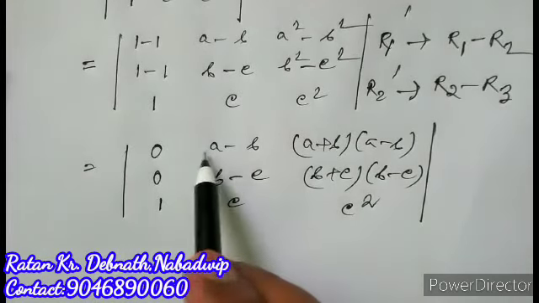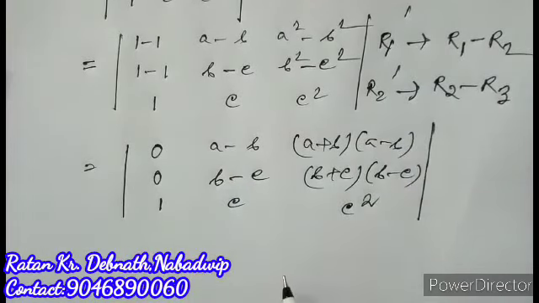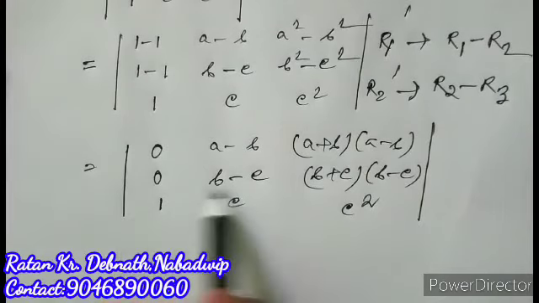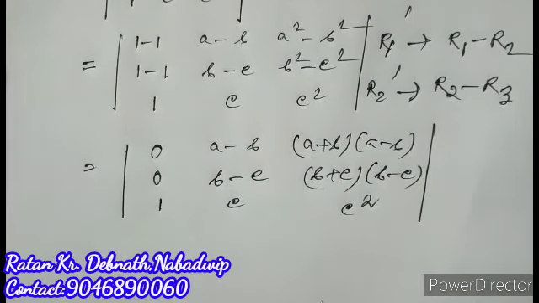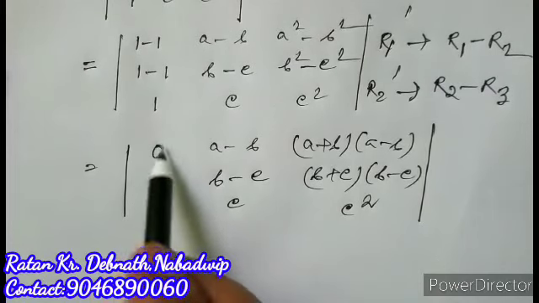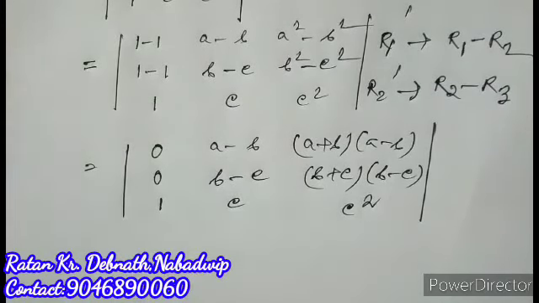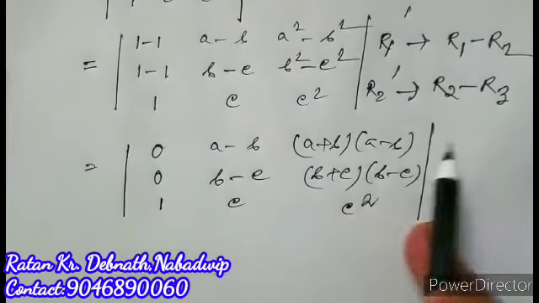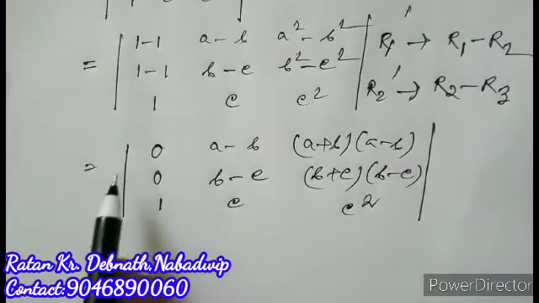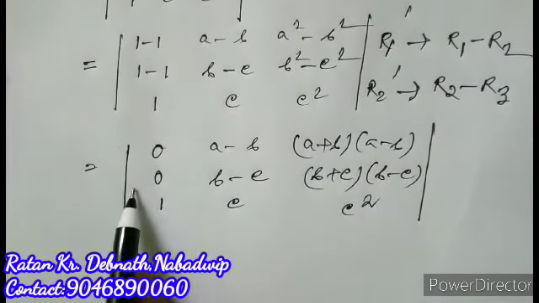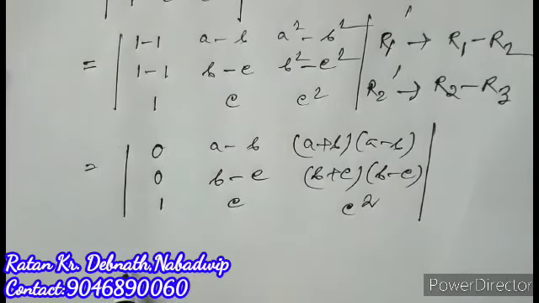I am taking common a minus b from the first row and b minus c from the second row, because in case of 0 we can consider it 0 into a minus b, so we can take common a minus b from the first row and b minus c from the second row.